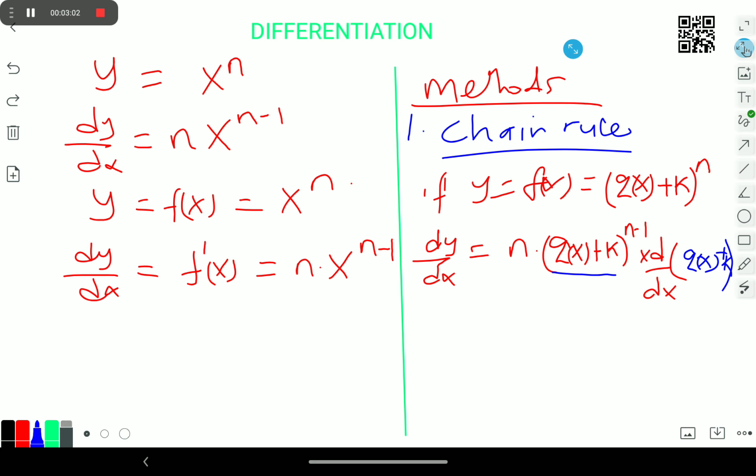This is the general formula for chain rule, which you can simplify as n times (2x plus k) to the power n minus 1, times the derivative of 2x plus k. So that is the chain rule.